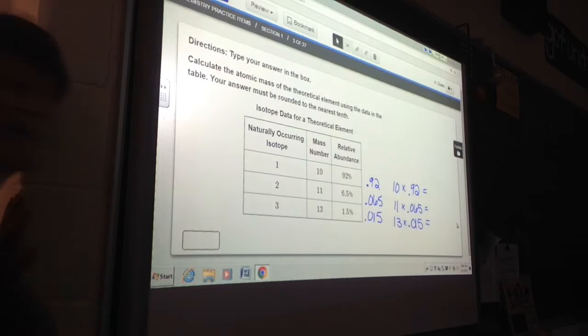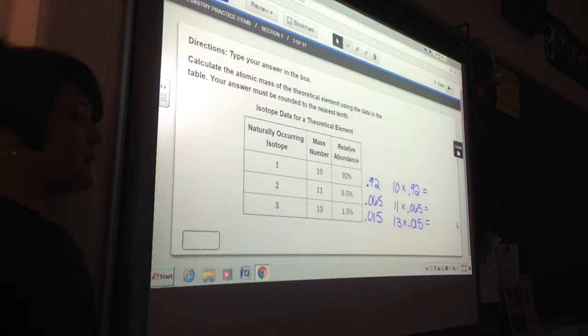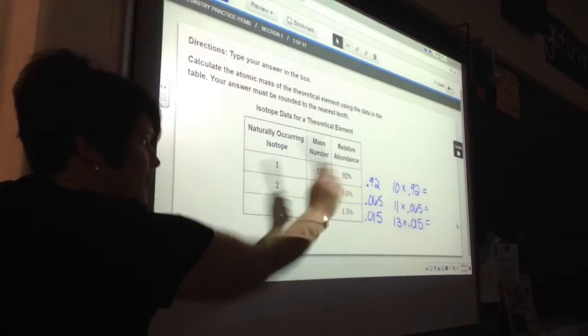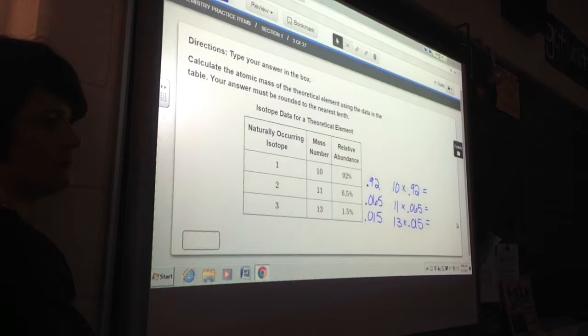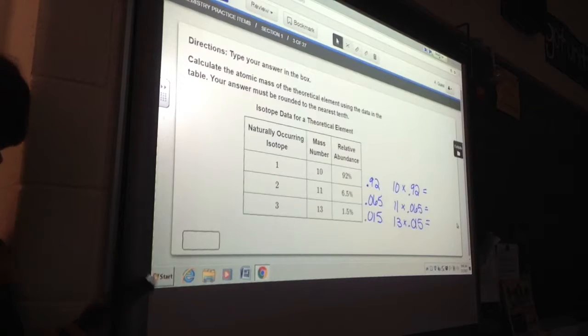You take the mass for that isotope, multiply it by its relative abundance. The mass of this isotope multiplied by its relative abundance. If there's 2 isotopes, you do it twice. If there's 9 isotopes, you do it 9 times. When we did the M&M lab, we did it 3 times because we had 3 isotopes of M&M.